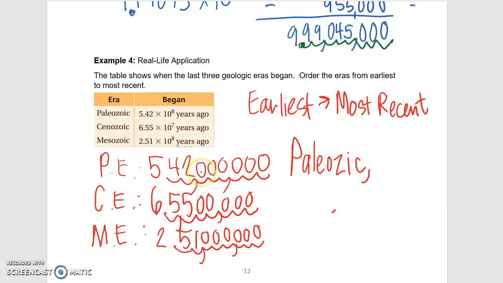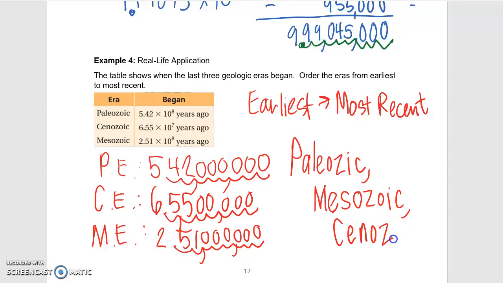The next one is the one that also has 10 to the 8th, and that's the Mesozoic era. Leaving our last one, the most recent, the Cenozoic era. And notice the last one had the smallest exponent.